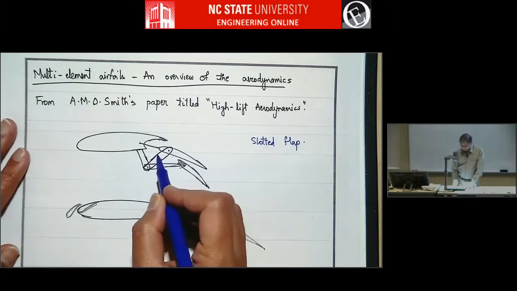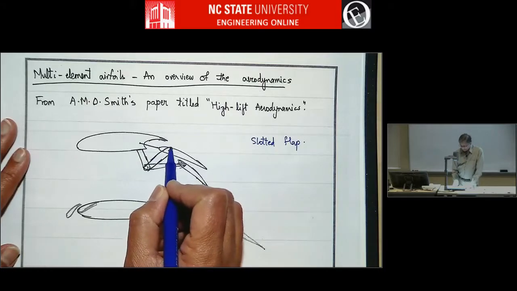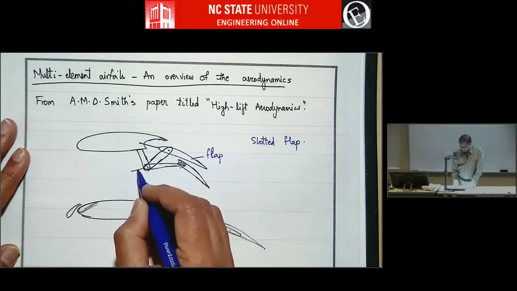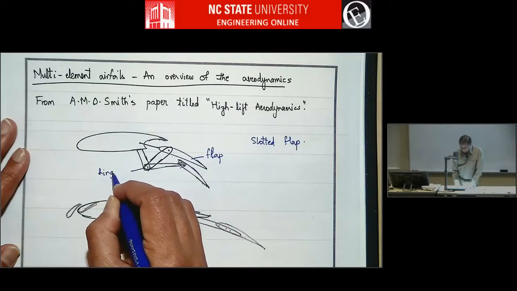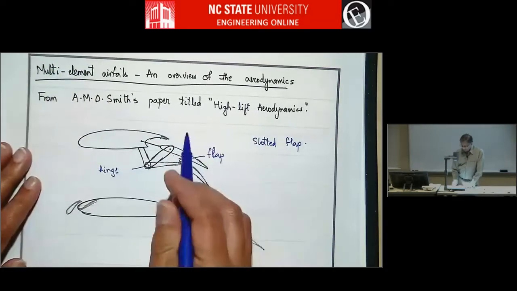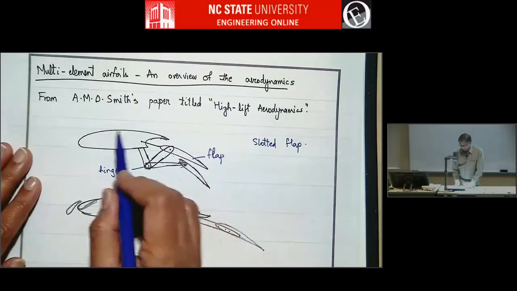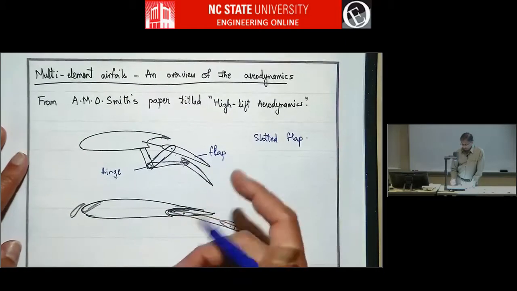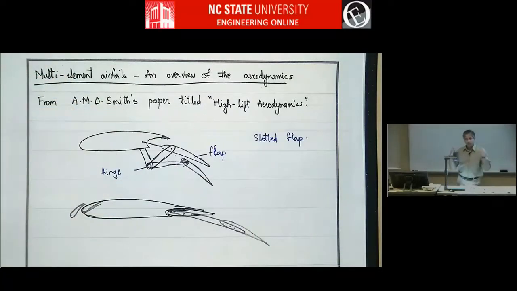One of the simplest versions is you have this flap on a simple hinge. And if it's an external hinge, when you extend the flap, this whole thing will rotate and form a multi-element airfoil. In most airplanes, you can also tuck it in. When the flap is fully retracted, it looks like a regular single element airfoil. There will be some gaps, but for the most part, it behaves like a single element airfoil.